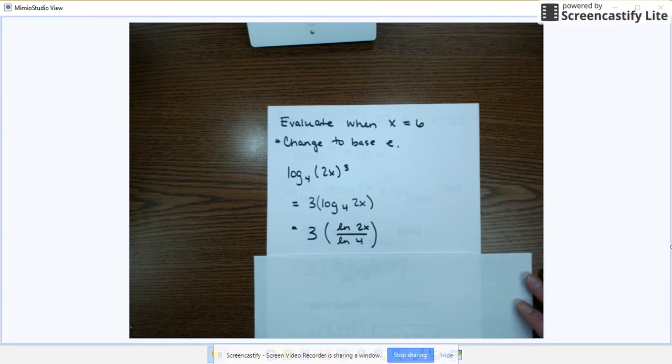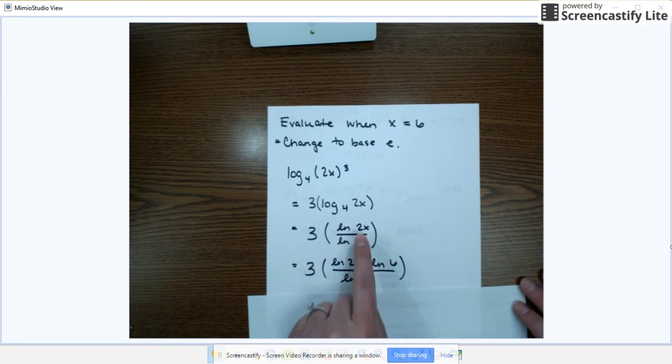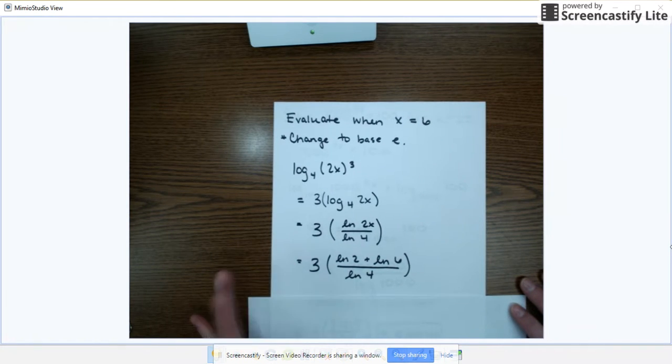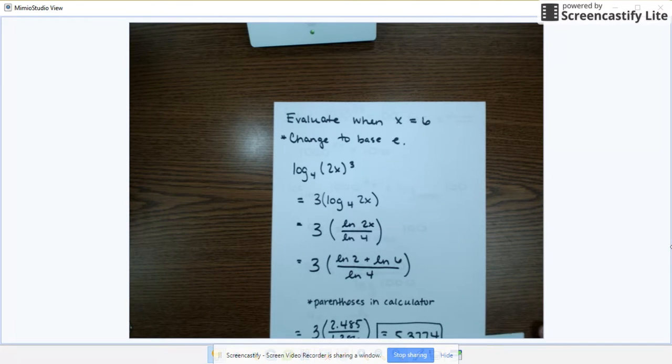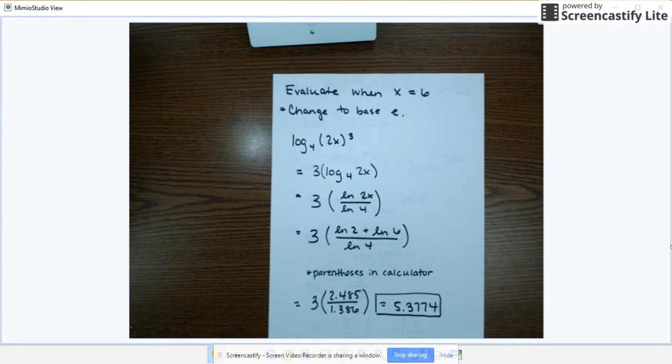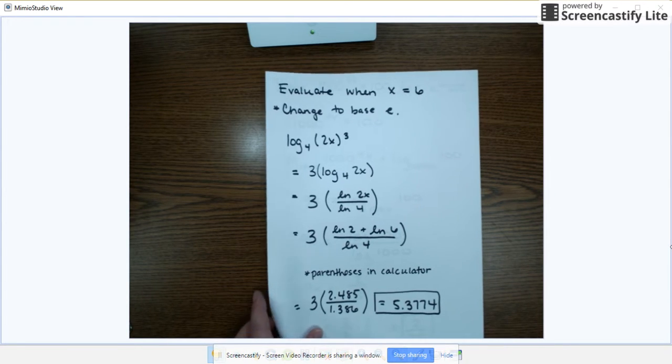Here I went ahead and plugged in my 6, and it's a product, so it gets split up. And then again, all of these natural logs are hard to know off the top of your head. You won't be expected to know those, so type those into your calculator. You should get on top roughly 2.485, on the denominator 1.386. When you simplify that, you should get about 5.3774.